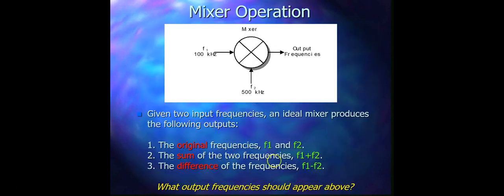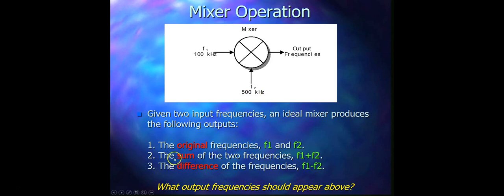As I said before, in the mixer, if you send the carrier signal and the oscillator signal, then you will get four different frequencies, and that's what is written here. You will get the original frequencies, which are F1 and F2, and in our case F1 is 100 kilohertz and F2 is 500 kilohertz.